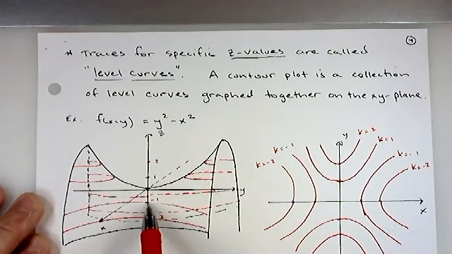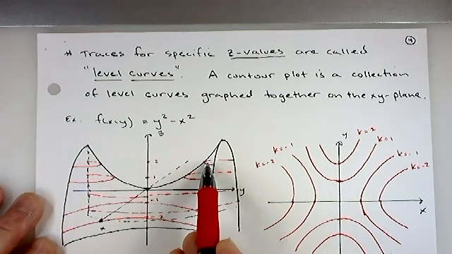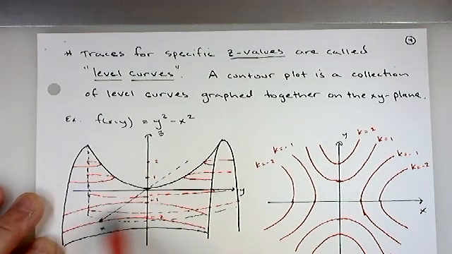And if you go down in the negative z value, your hyperbola is actually changing direction. It's wrapping in and out of the paper, and then there's another one behind it. Now, if you take all of these level curves and plot them, imagine they all just fell down onto the xy plane.